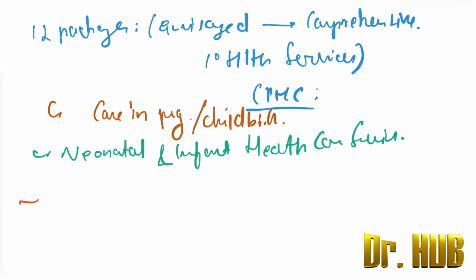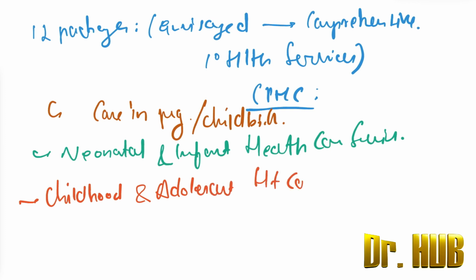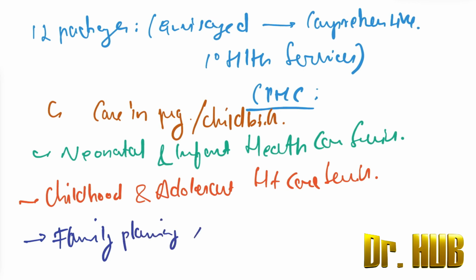Next comes the childhood and adolescent healthcare services. Next involves family planning. Then there are the communicable diseases and the national health programs, that is NHPs.